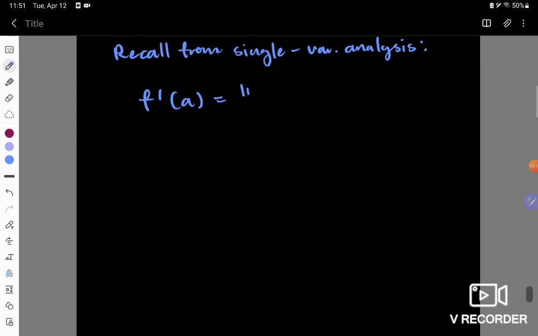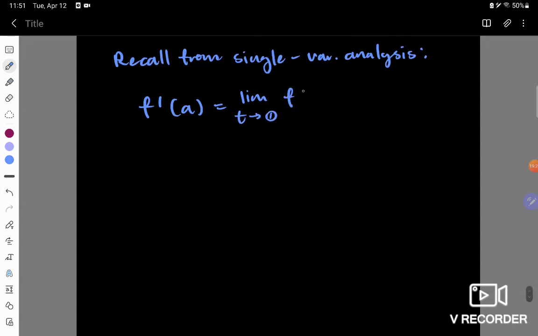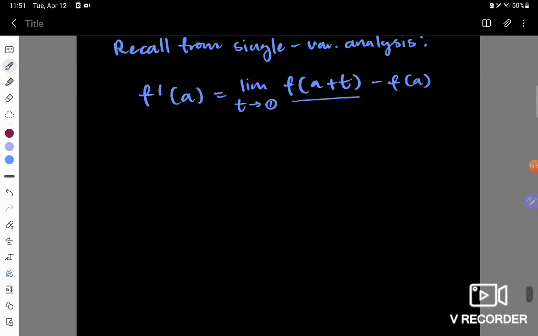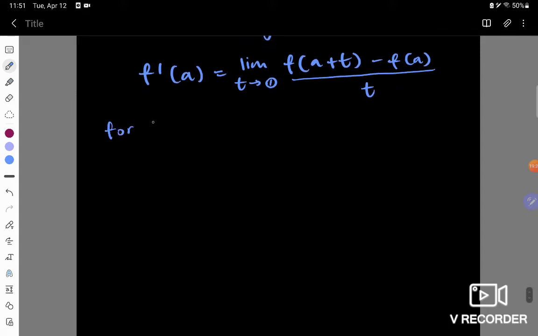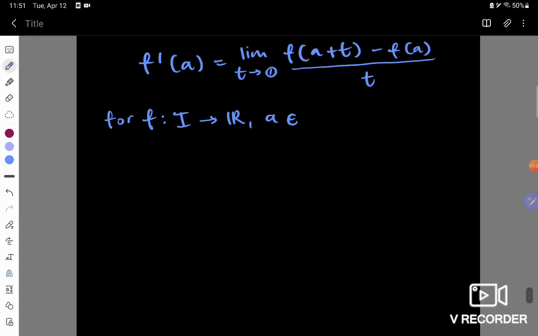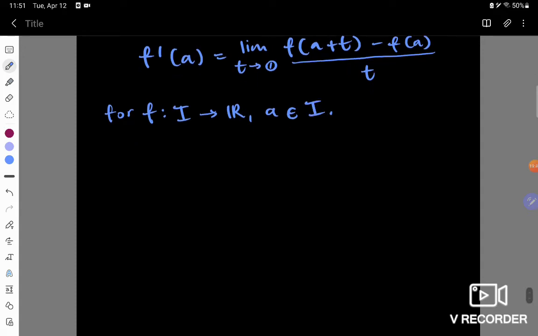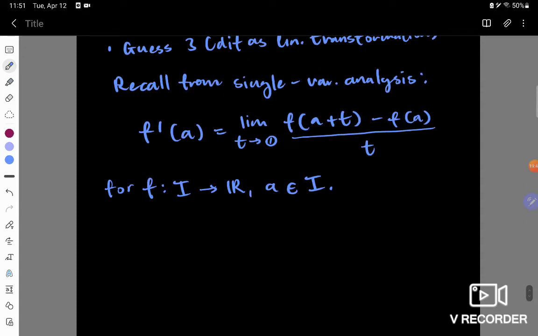This is just our limit as t goes to 0 of f of a plus this discrepancy t, minus f of a, and we divide this all by t. This is our derivative for f from some open interval to R, and a which is in our interval here. So now we consider a function based off of this.